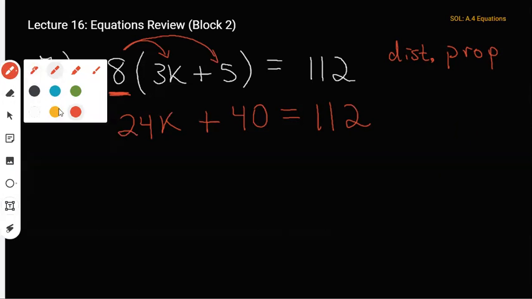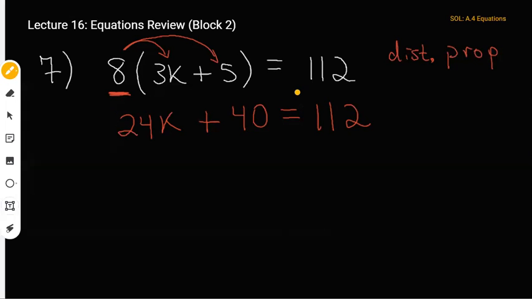So now to get k by itself, I need to get rid of two things. I need to get rid of the positive 40 and the 24 that's out in front. But let's get rid of the positive 40 first. The way I would do that is I would subtract 40 from both sides. That'll get rid of the plus 40.